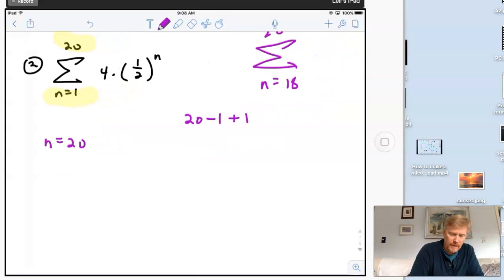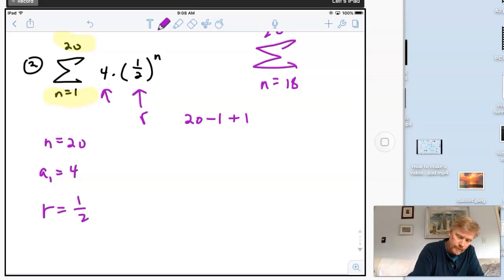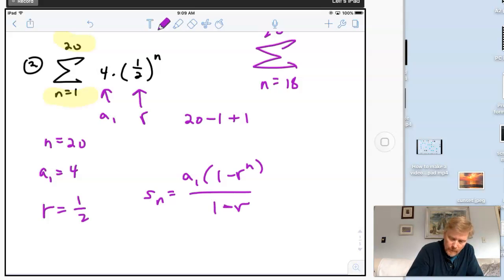So this one, I got 20 numbers in the sequence. The first number is 4. My common ratio is 1/2. So now I've got all the 3 things I need for that formula to find the sum. This is the sum formula, a of 1 times 1 minus r to the n over 1 minus r.